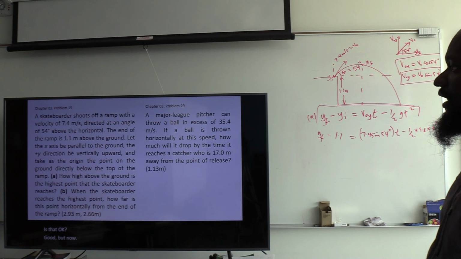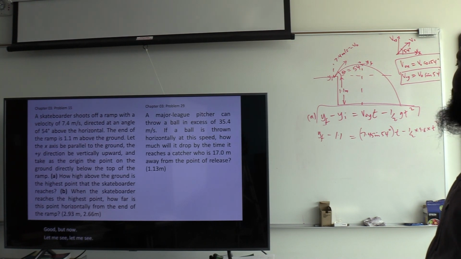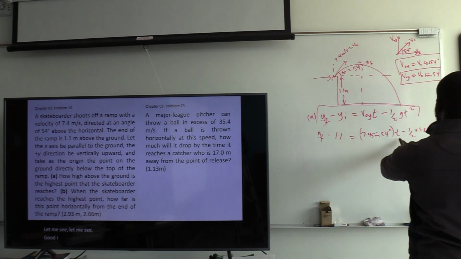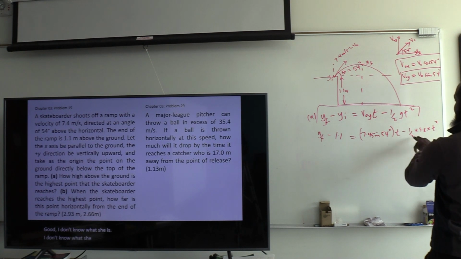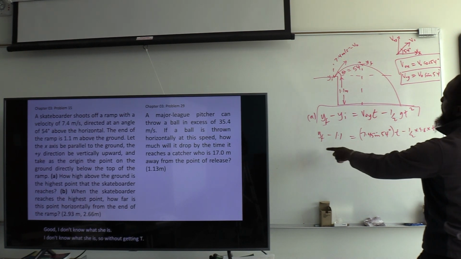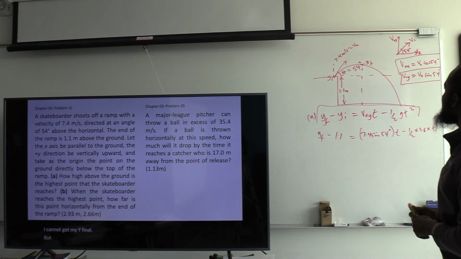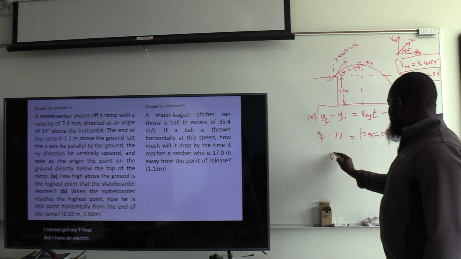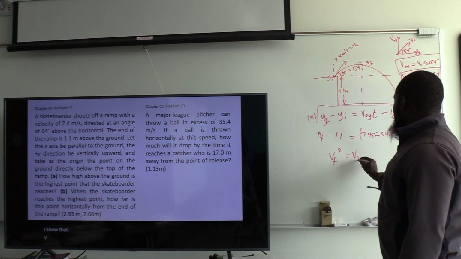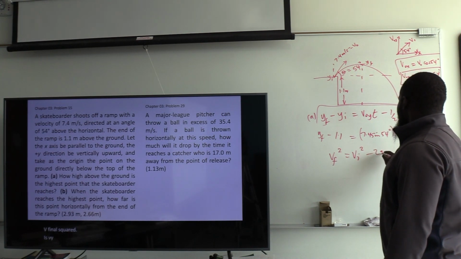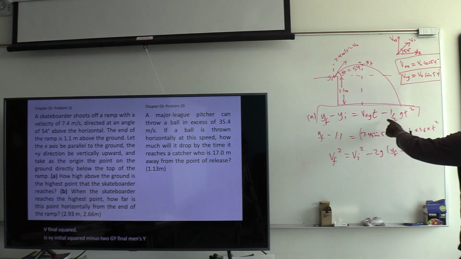But now, I don't know what t is. So without getting t, I cannot get my y final. But I have another trick. I know that v final squared is v initial squared minus 2g times y final minus y initial.